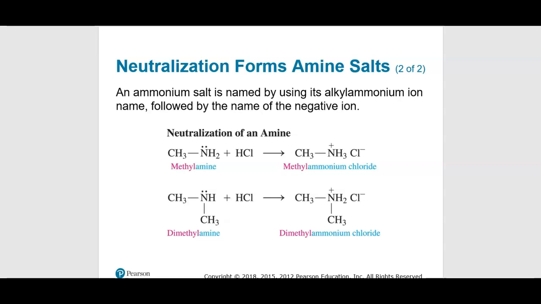You're taking an acid and reacting it with a base. Methylamine is a base, dimethylamine is a base, and in water they don't ionize much, but with a strong acid like HCl, or in lemon juice, what's in lemon juice? It's citric acid, I think, citrus fruits.